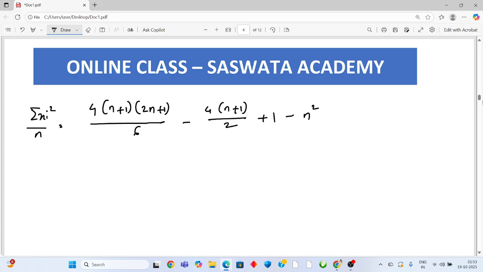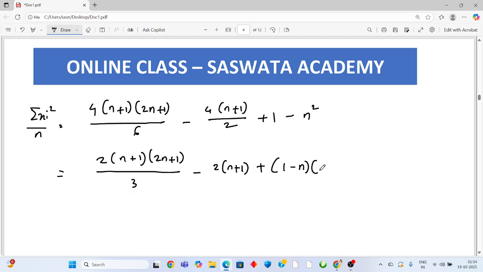Okay. Now we can write this as 2 times n plus 1 into 2n plus 1 by 3, minus 2 times n plus 1, plus 1, minus n square.